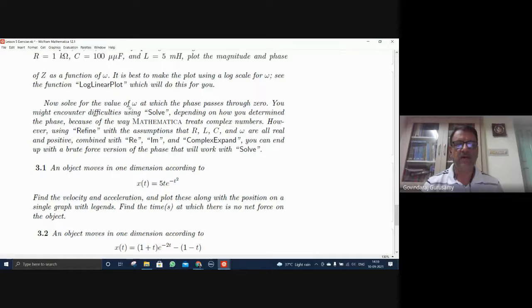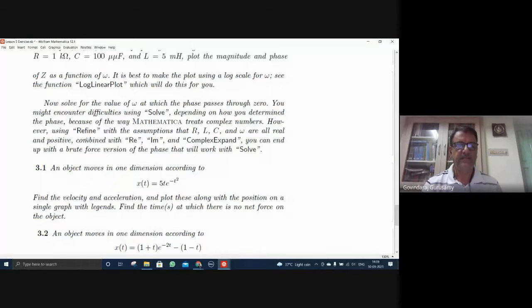Now, solve for the value of omega at which the phase passes through 0. You might encounter difficulty using solve depending on how you determine the phase because of the way Mathematica treats complex numbers.